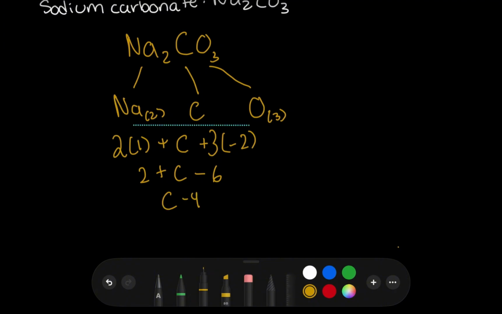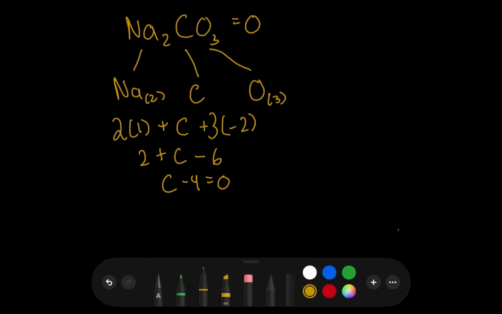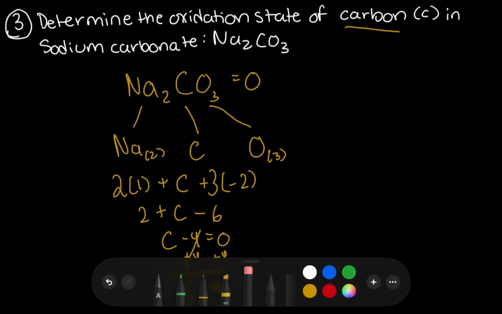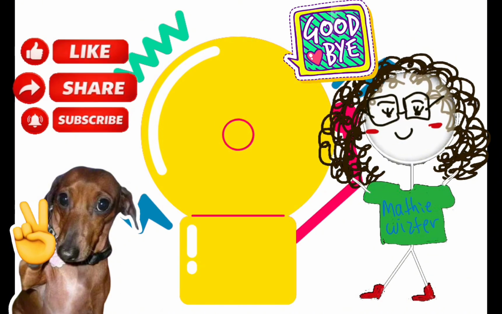But what is it equal to? It's going to be equal to 0 because this is a chemical compound. Then again, we can add 4 on both sides and we get C is equal to 4. Therefore, the oxidation state of carbon is going to be +4.